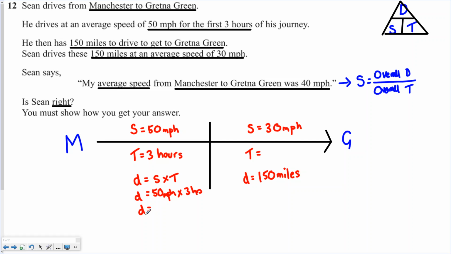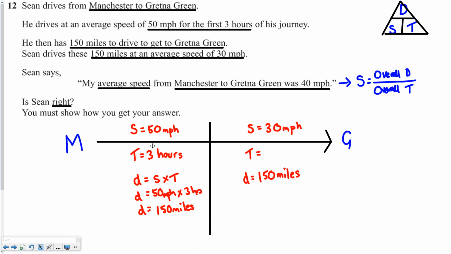That means our distance, 50 times 3, is 150 miles, because we have miles per hour and 3 hours. So we can write 150 miles. Let me just bring that down so we don't get confused. Okay, so we have the overall distance now.